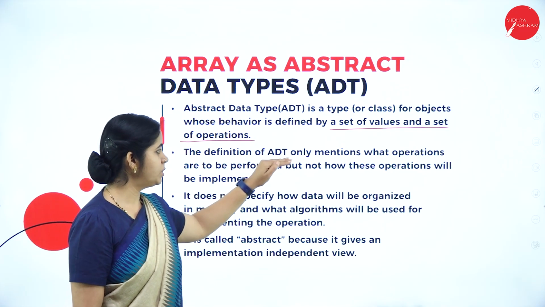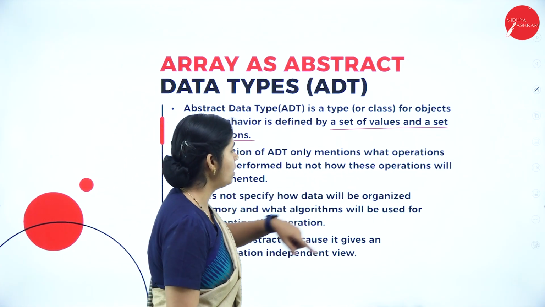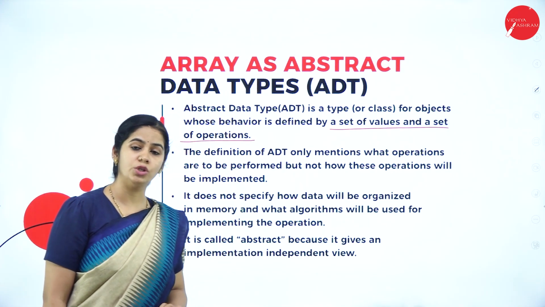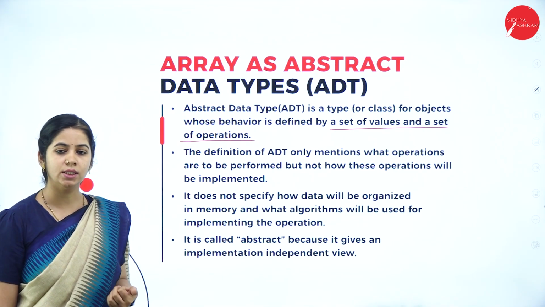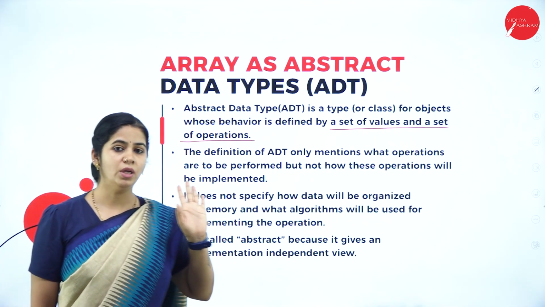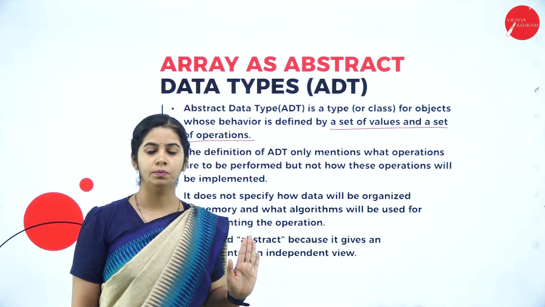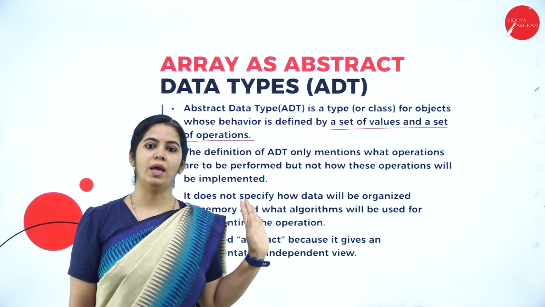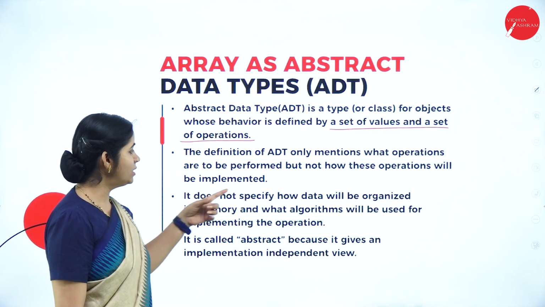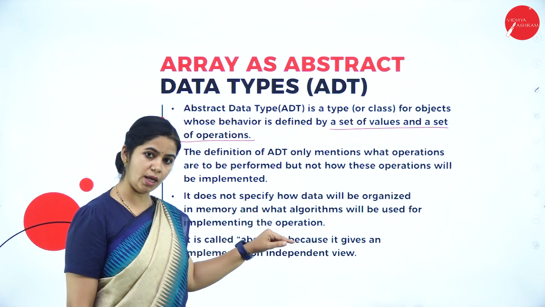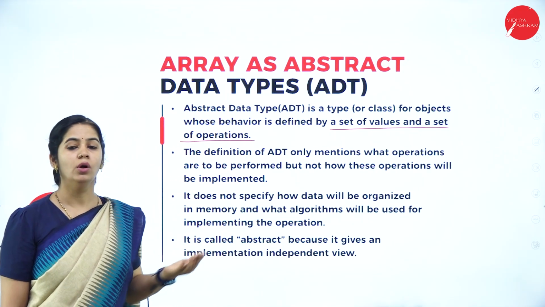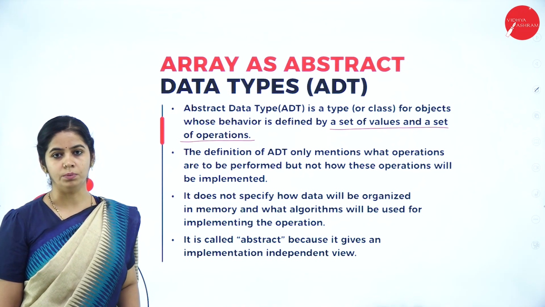The definition of an abstract data type only mentions which operations are to be performed, but not how these operations are carried out. What is its purpose? Just to mention what operation we want. How it is done is not my headache. It does not specify how data will be organized in memory or what algorithms are implemented to solve the problem.